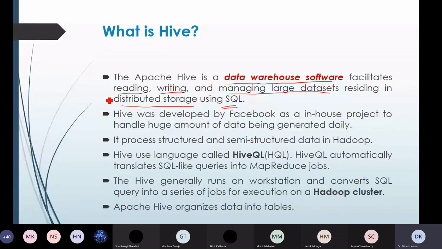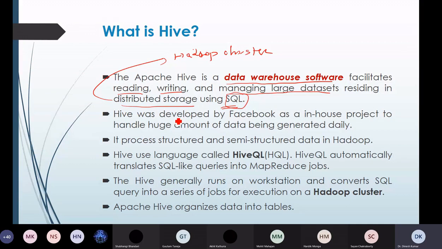Now, distributed storage here means the Hadoop cluster. So the data residing on distributed storage, this component helps you to read, write, and manage using SQL.